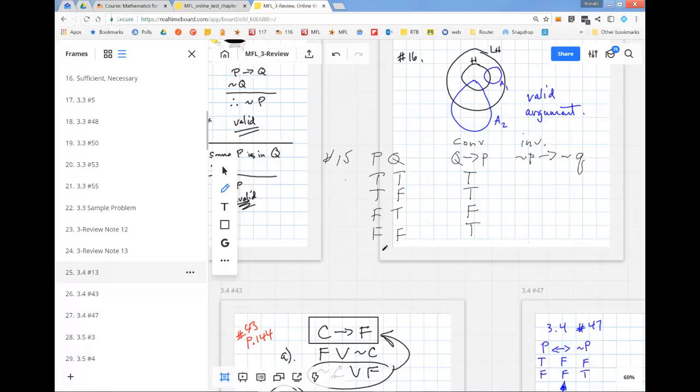Okay, now let's come over here. We better throw in a not P and a not Q. I wish I had room here. Let me get rid of that 15 completely.